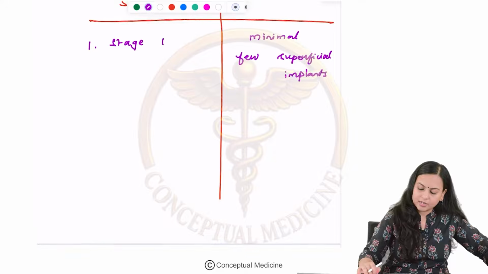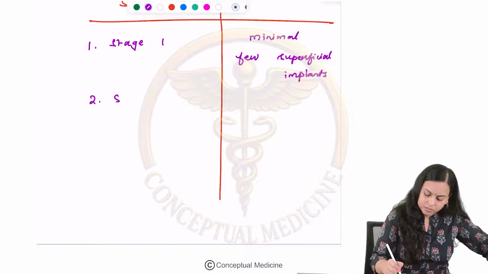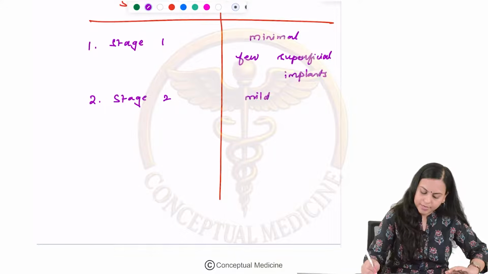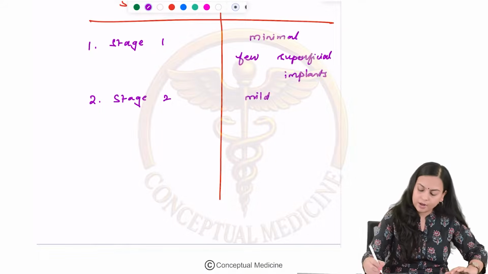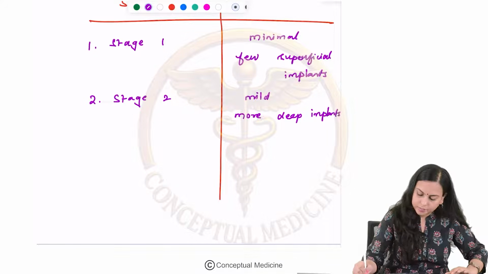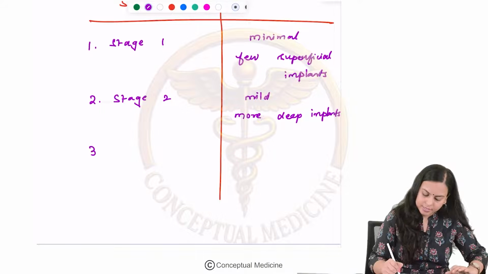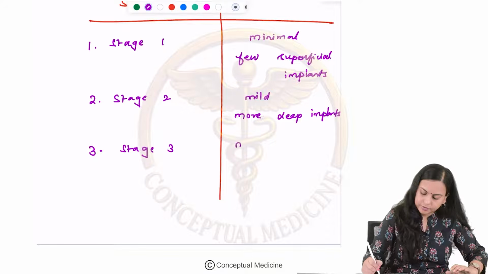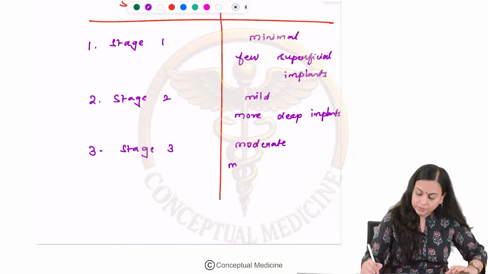Okay, and stage 2 is a mild endometriosis where you have more deeper implants. Okay, stage 3 is where you will have moderate endometriosis. You will have many deep implants.